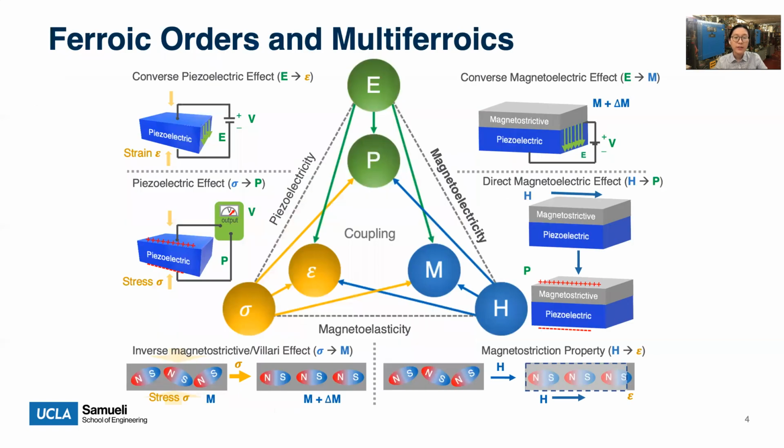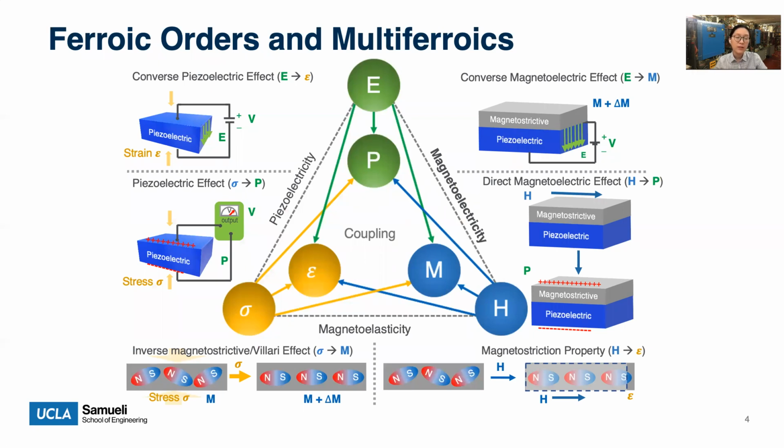So the diagram here first illustrates coupling between the primary ferroic orders: ferromagnetism, ferroelectricity, and ferroelasticity. Multiferroic materials exhibit more than one of these ferroic orders in the same phase. And magnetoelectric multiferroics that exhibit both ferromagnetism and ferroelectricity are of particular interest.